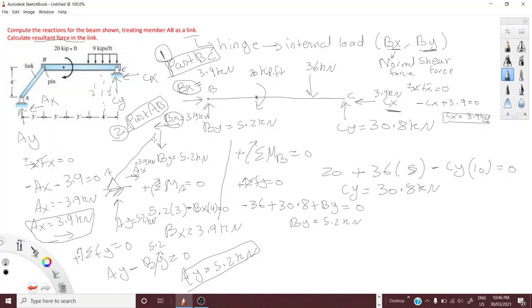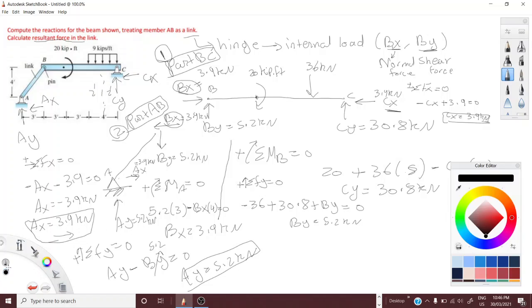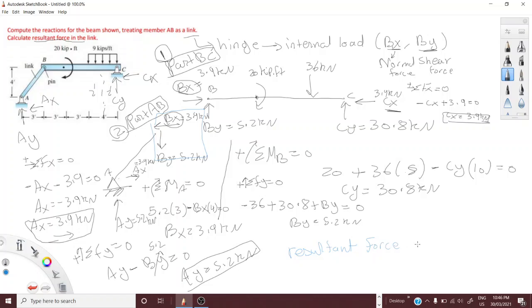So the resultant force is the square root of Bx squared plus By squared. We can take this or this, either one, since the resultant force itself is always positive.